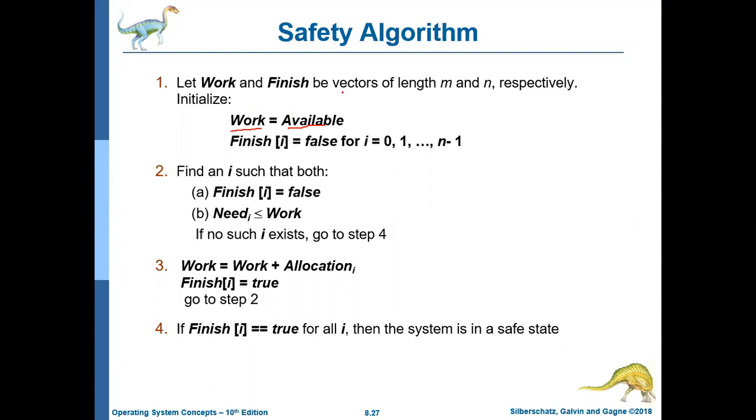Let work and finish be vectors of length m and n respectively. Vectors of length m means you can say it directly, a single array. So work is now having the available resources. If we have three resources, R1, R2 and R3, and your available resources are, let's say, 2 R1, 3 R2, and 1 R3, your matrix will look like this: 2, 3, 1.